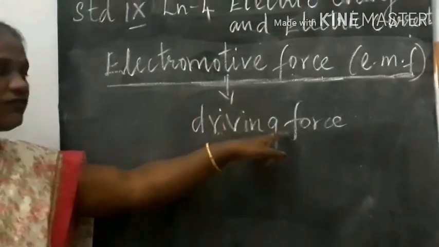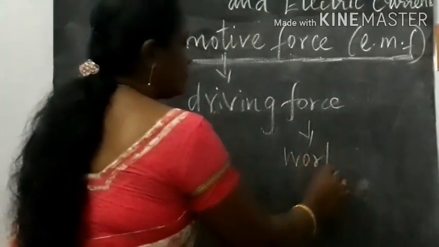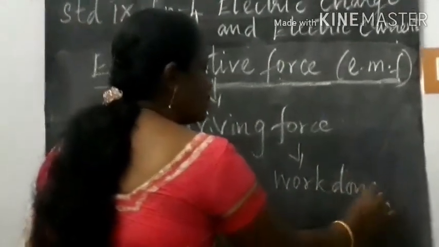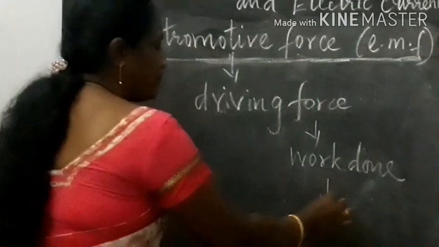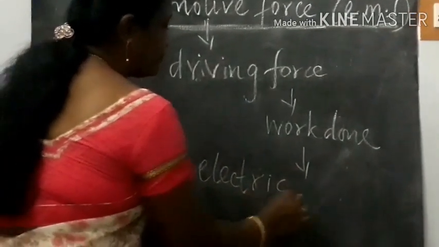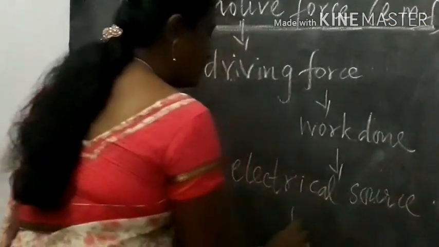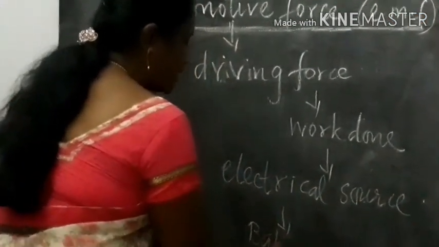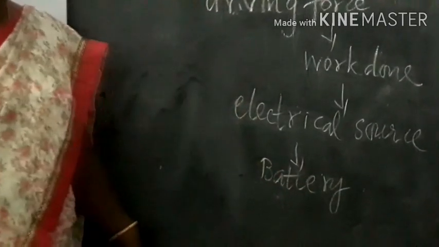So whenever there is a force, there will be work done. And who is doing this work? This work is done by any electrical source. It may be a battery or cell.